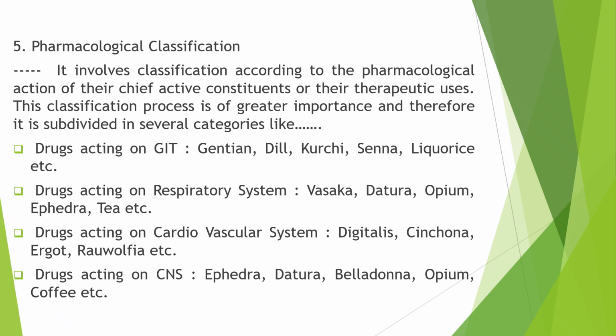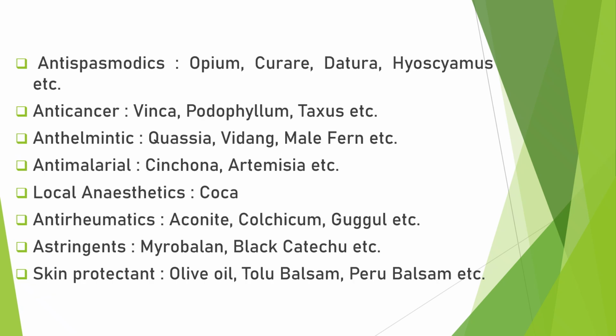Drugs acting on the respiratory system, for example, vasaka, datura, opium, ephedra, tea, etc. Drugs acting on cardiovascular system: digitalis, cinchona, ergot alkaloids, rauwolfia, etc. Drugs acting on CNS, for example, ephedra, datura, belladonna, opium, coffee, etc. Antispasmodics: opium, curare, datura, hyoscyamus, etc. Under the category of anti-cancer, podophyllum, taxus, vinca are important to mention.